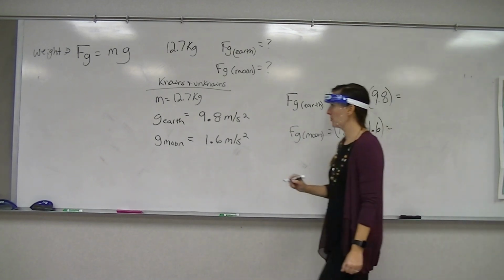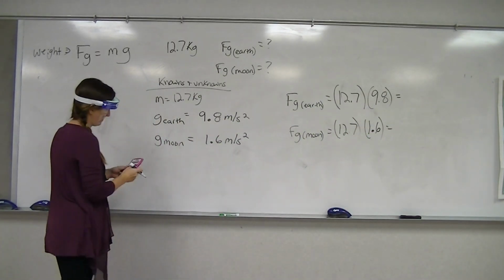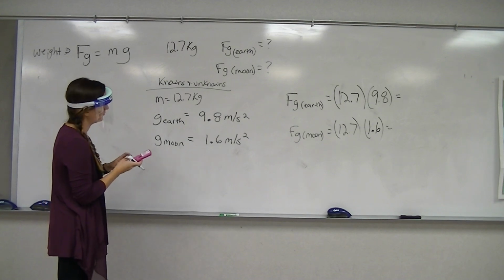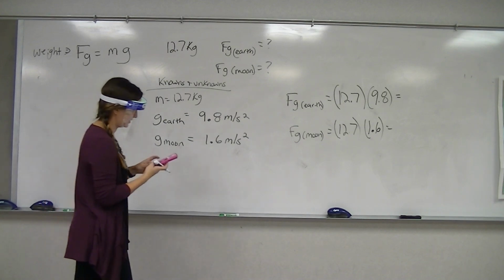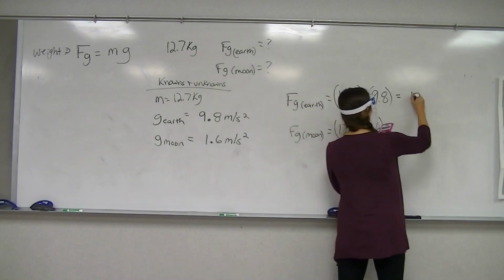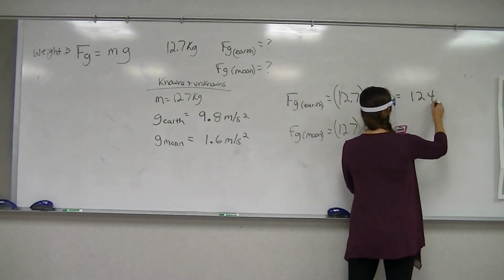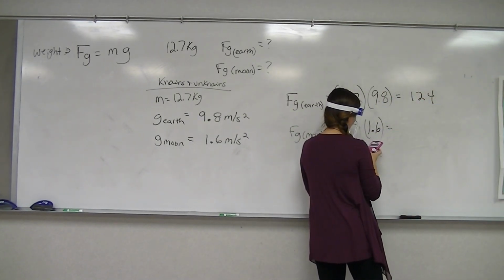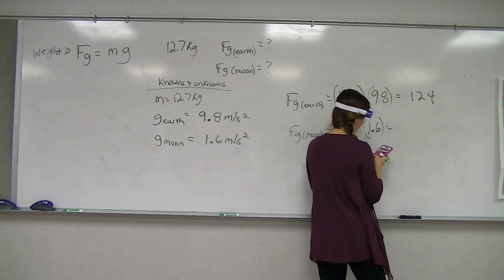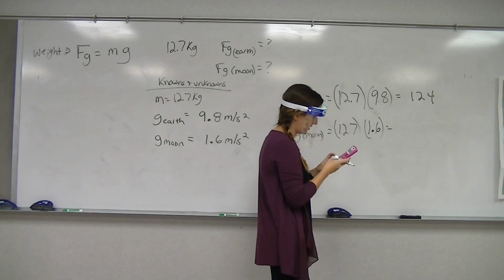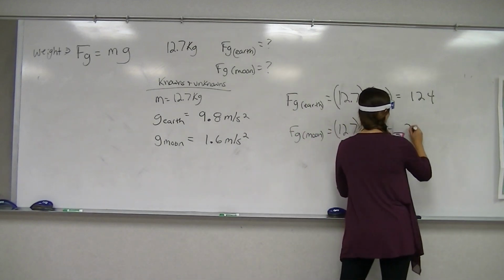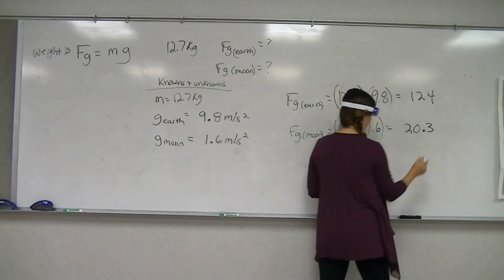So multiply those numbers out. 12.7 times 1.8. We get 124. 1.6. Oops. If you see any mistakes, please point them out, because you enter things in the calculator wrong from time to time. So try to go fast.